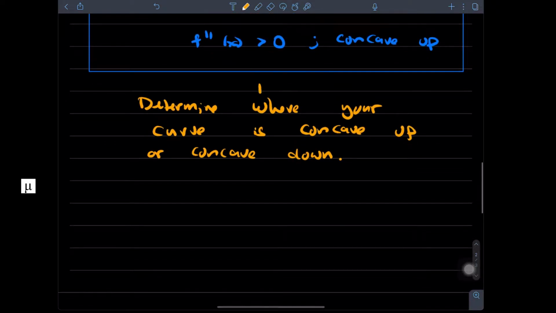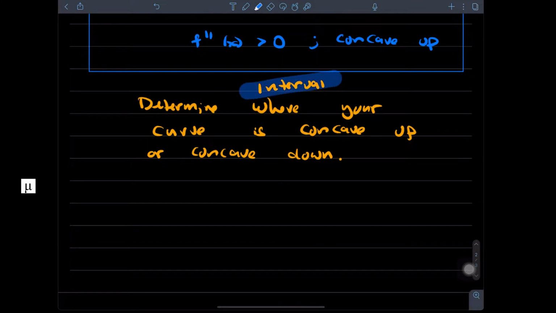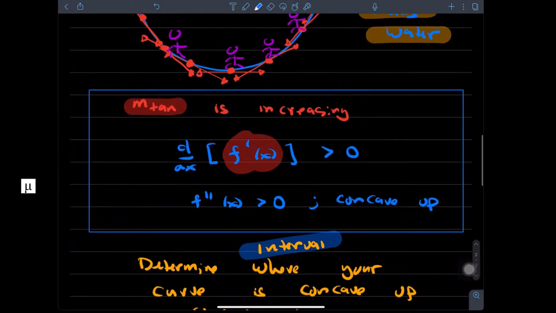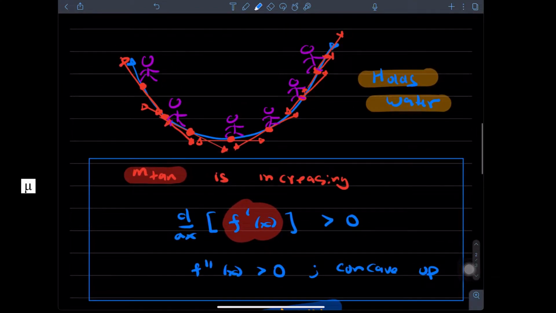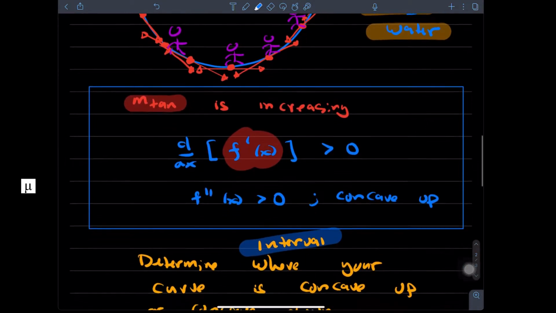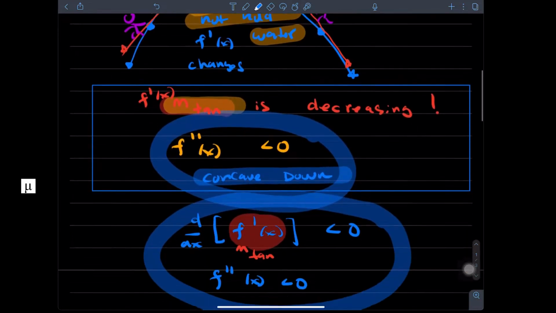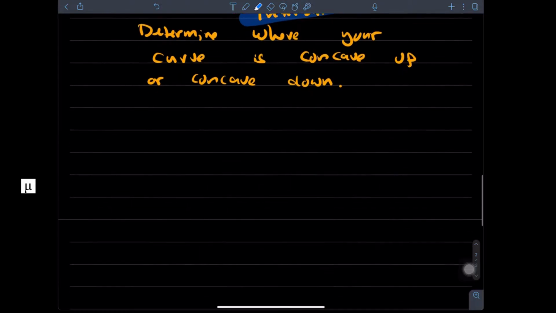When they mean by where, interval. Okay, you guys okay with that?